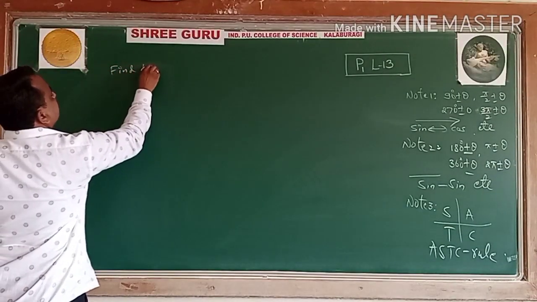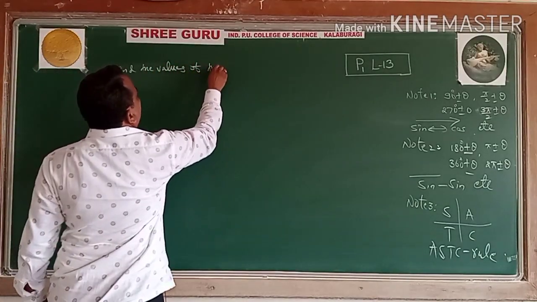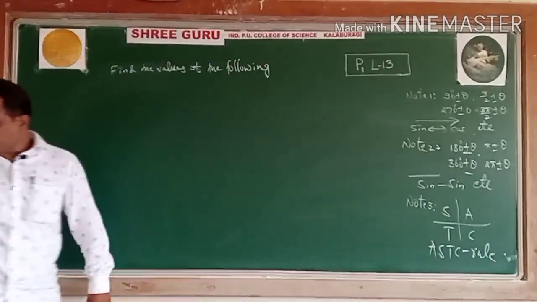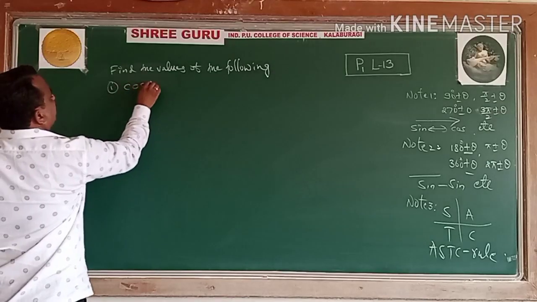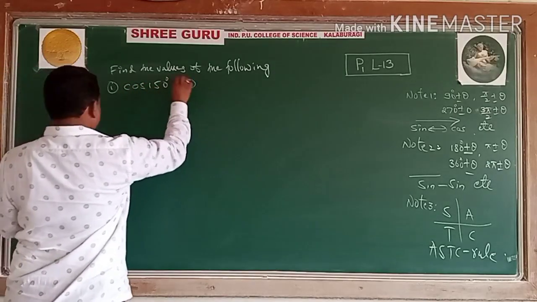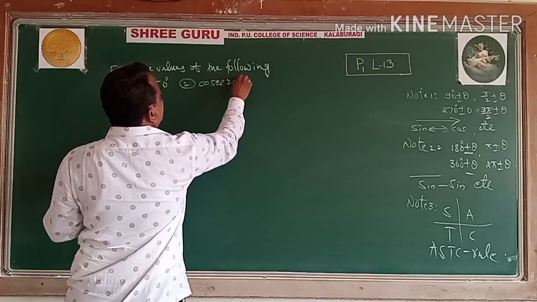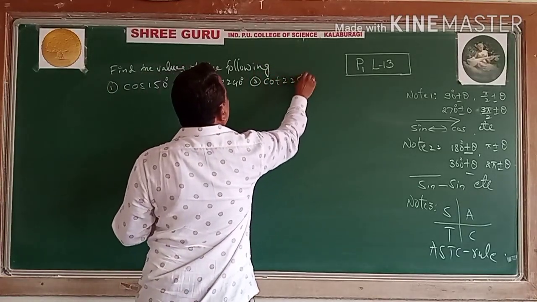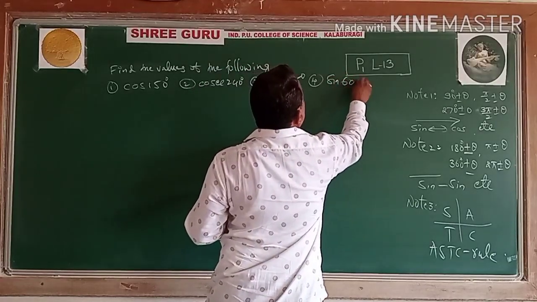Find the values of the following. Let us take some examples: cos 150 degree, cosecant 240 degree, cot 225 degree, and sine of 600 degree.